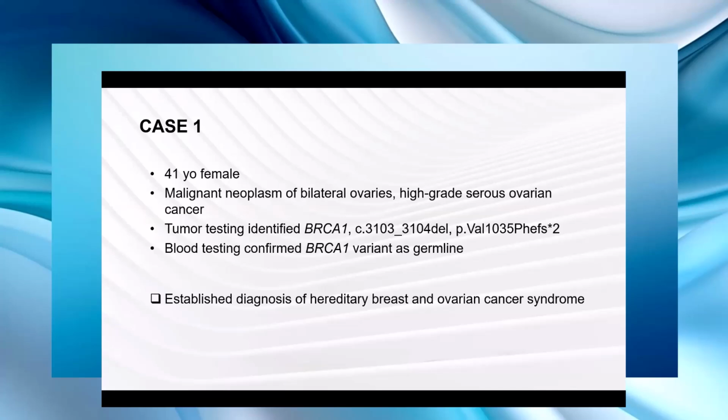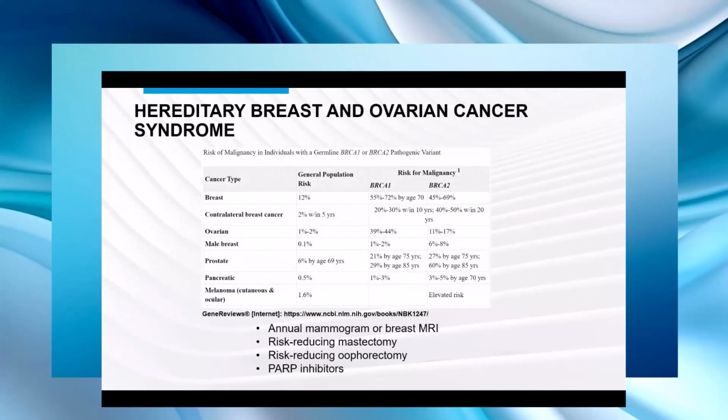individual. And we know that this is a cancer syndrome that is characterized by increased risk for breast and ovarian cancer. And also there's higher risk for other cancer types too. So there's a very nice table from GeneReviews that summarizes the individual cancer risks here. In terms of the management for this condition, it includes enhanced surveillance for patients who test positive.